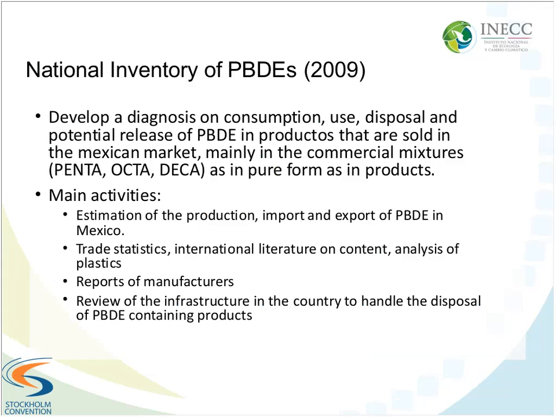Our first inventory was prepared in 2009, and as I said before, we were focusing on the use of the chemical in the market as its pure form or as in products, complemented with some analysis on a sample of different electronic products mainly.